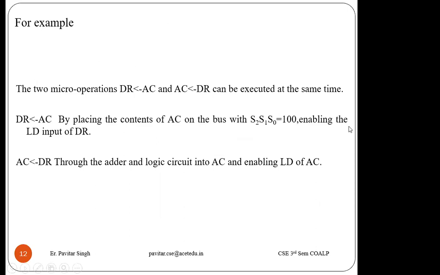So for example, here we have to perform this operation. First operation is AC goes to DR, and the second one is DR goes to AC. So how will it be achieved? First of all, let me show you the diagram.